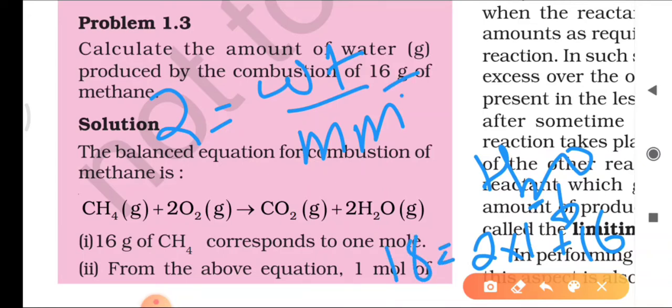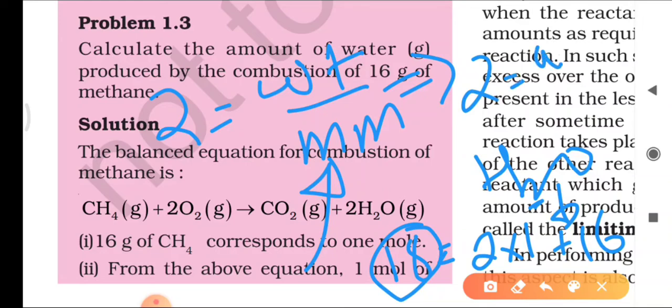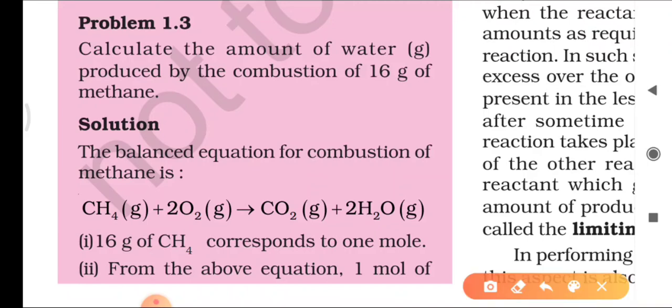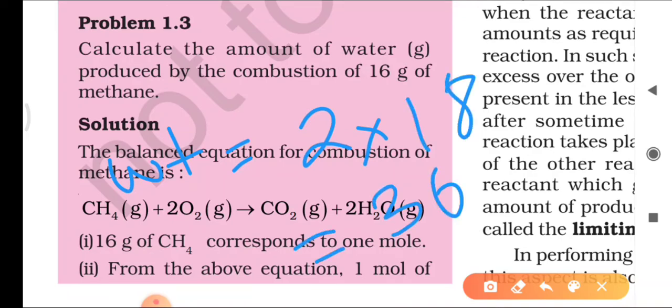So we put 18 in place of molar mass. The equation becomes 2 is equal to weight in gram by 18, right? So weight in gram will be equal to 2 into 18, that is 36 gram, right?